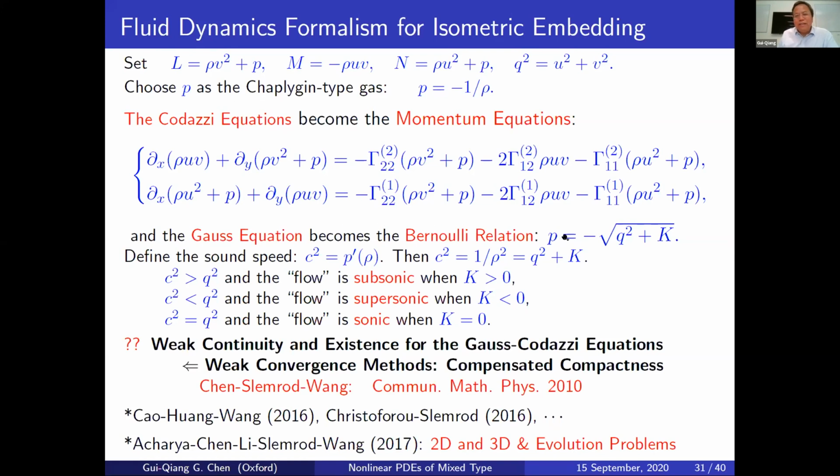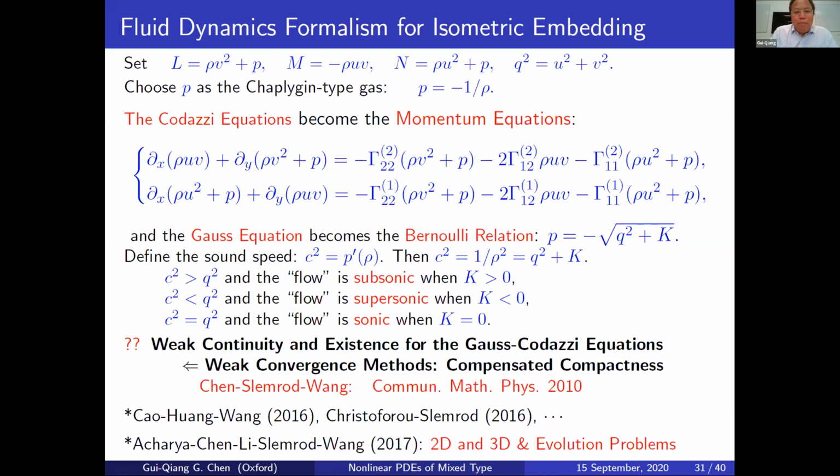So this is really a fluid dynamic-like system. In the previous example, I showed you one equation of conservation of mass and a second equation, Bernoulli's law. Here, the example is the balance law of momentum and Bernoulli's law. Then the change of type can be seen as in fluid dynamics, supersonic and sonic, depending on the Gauss curvature.